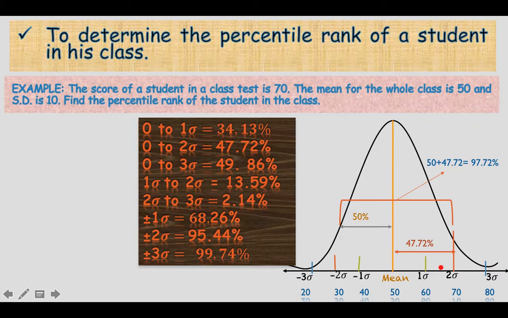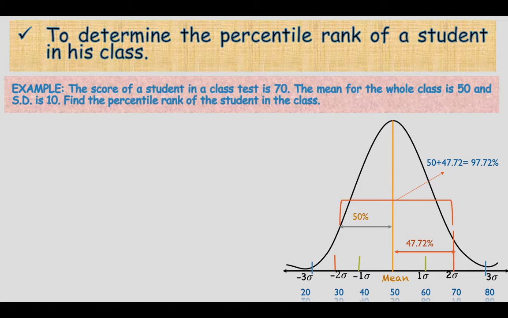This means the students who lie below this score are 97.72%. Rounding off this figure means that the student who has scored 70 marks in the class test has 98 percentile in his class.